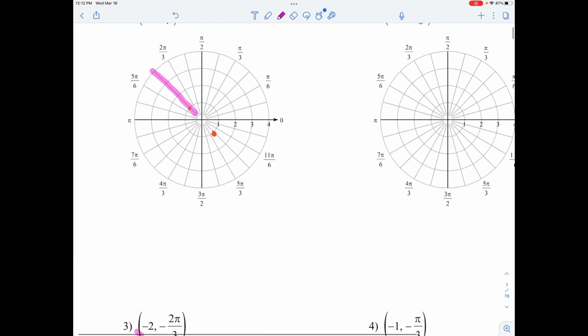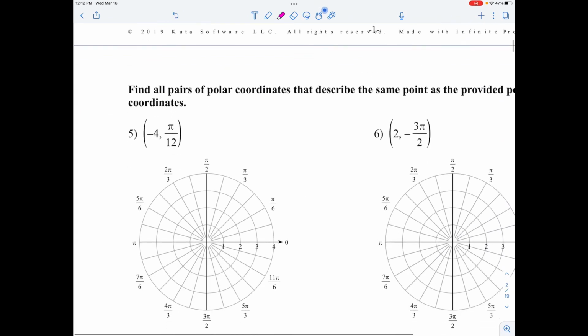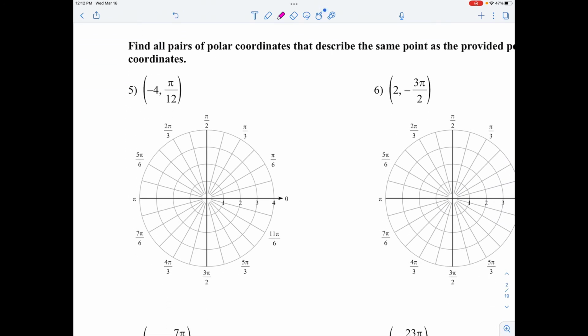Okay, so does that make sense? I hope it does. Let's do a couple more. Okay, so for 5 pi over 12, it is somewhere between 7 pi over 6 and pi.